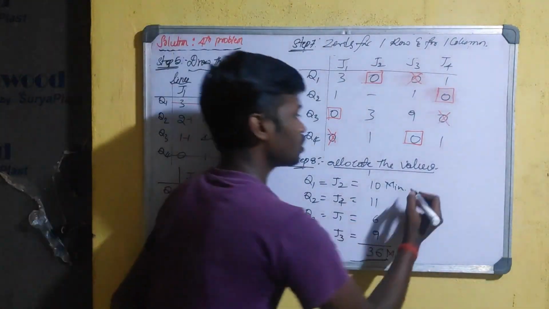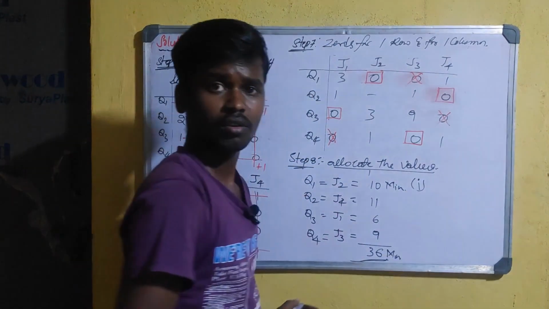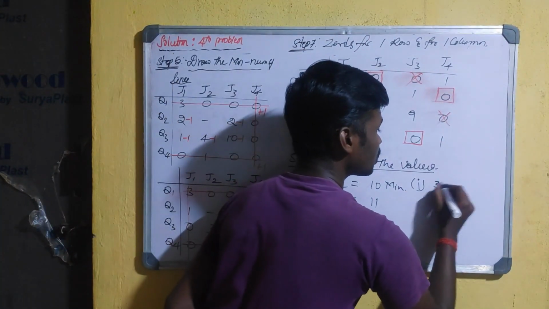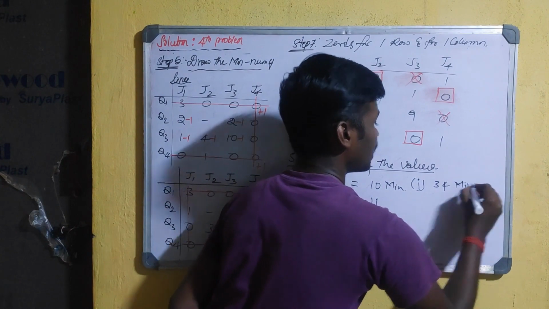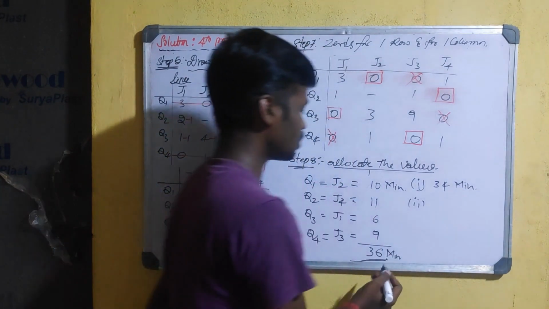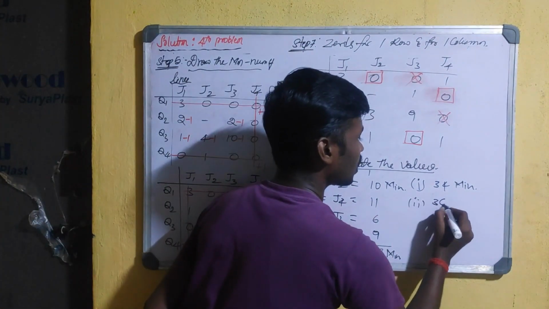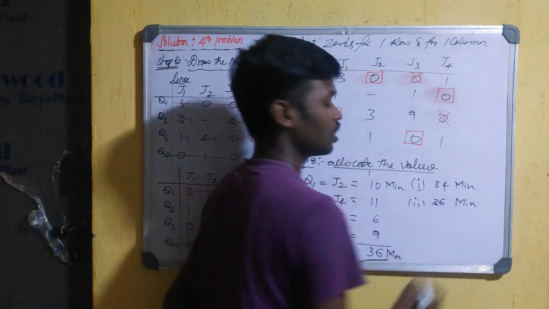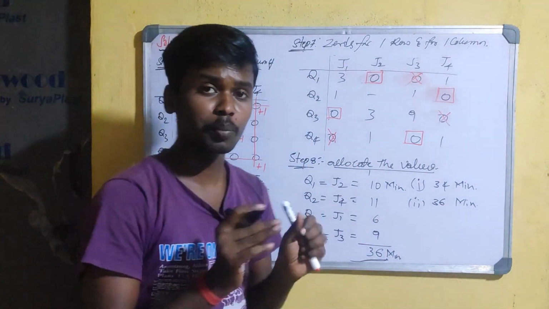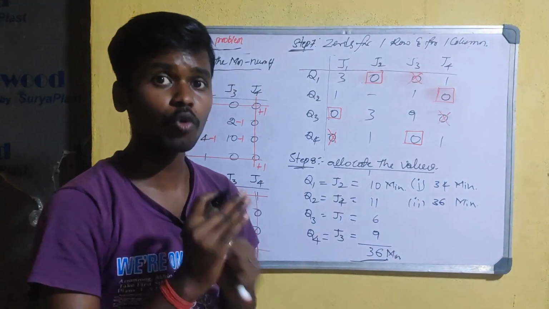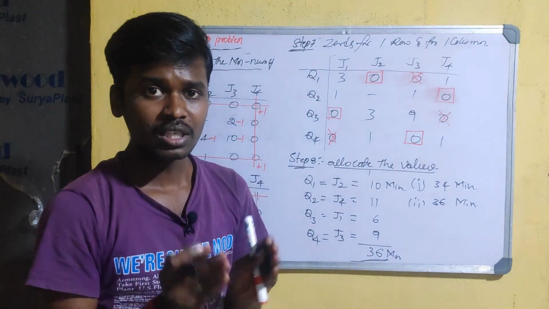So in first question, how much we get optimal time, that is 34 minutes. So in second question, what is the optimal time, that is 36 minutes.